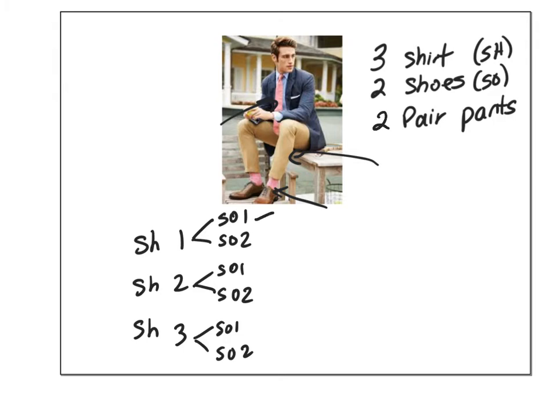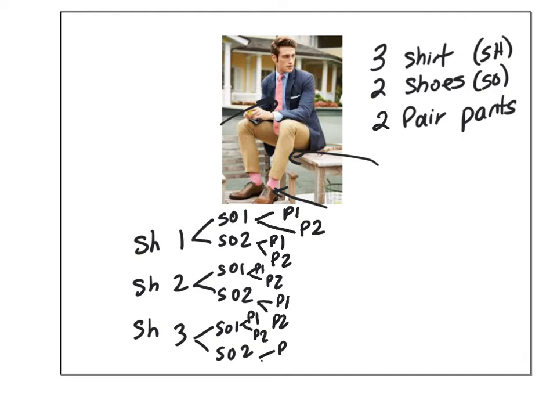So with this outfit he has so far, he can wear pants 1 or pants 2 with that. For this one, he could wear pants 1 or pants 2, and so on and so on for each different outfit he has.